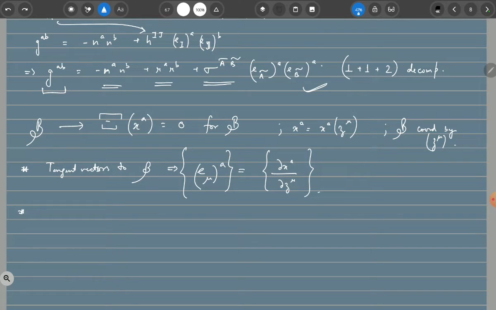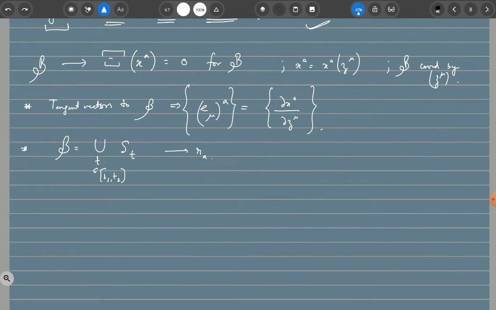What is the normal? The normal to B, since B is actually the union for all the values of t belonging to t1 to t2 of S_t, the unit normal to B is actually the same as the unit normal to S, which is equal to R_a. So the unit normal to S_t and the unit normal to this curly hypersurface B actually coincide, which they should. There is no other way.